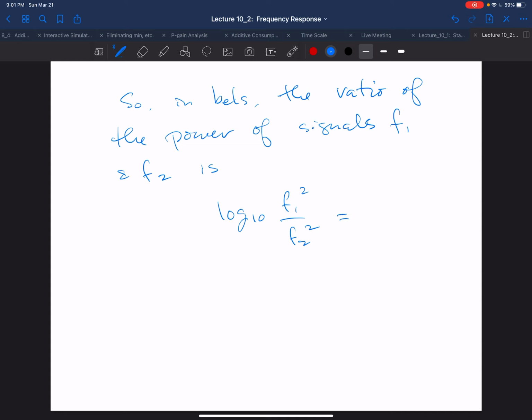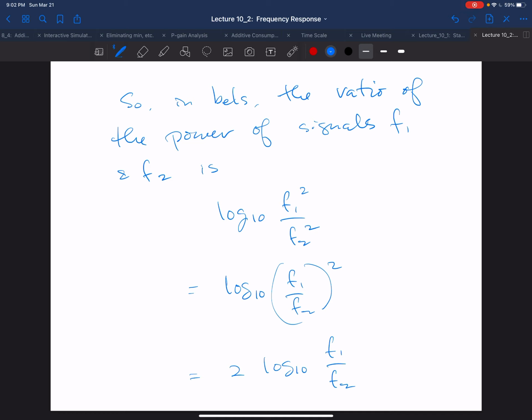And this, of course, is the same thing as the log to the base 10 of the ratio F1 over F2, all squared, which is the same thing as 2 log to the base 10 of the ratio of F1 and F2. So this is a way of writing the ratio of the power of these two signals in bels.